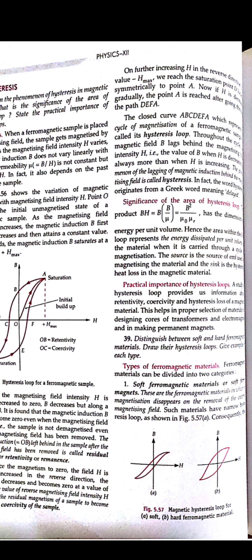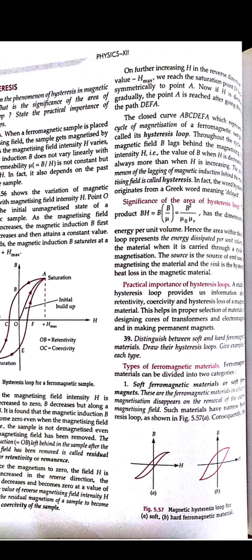With the help of the hysteresis loop also we can see this. But there are some ferromagnetic substances whose magnetization becomes completely zero when the external magnetic field is removed, and in some there is residual magnetism even after the removal of the external magnetic field. On that basis they are classified as soft ferromagnetic materials and hard ferromagnetic materials.